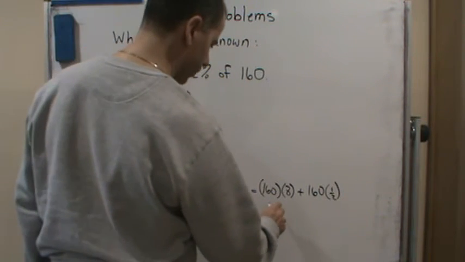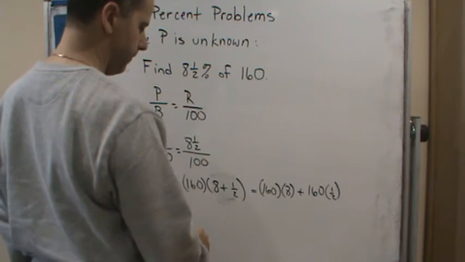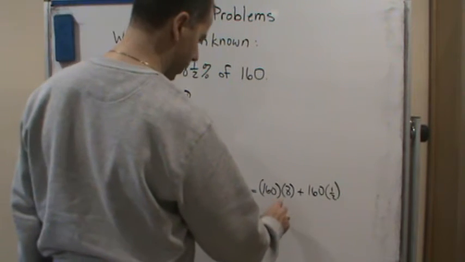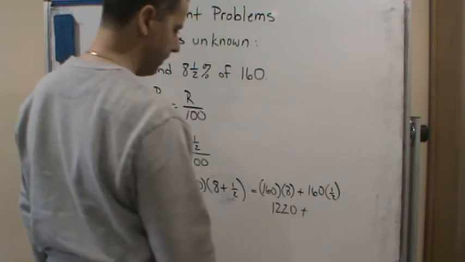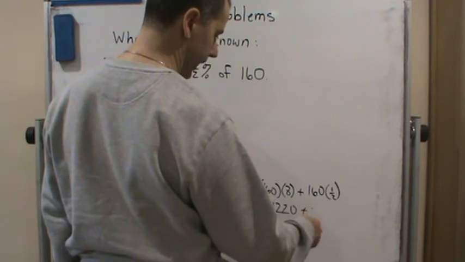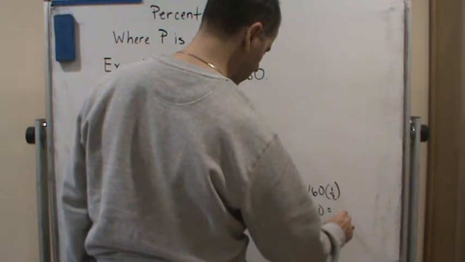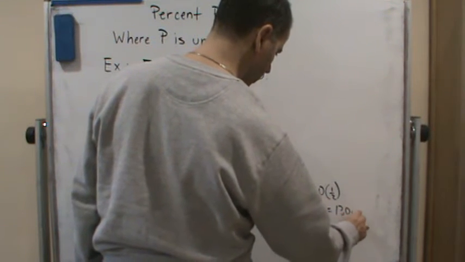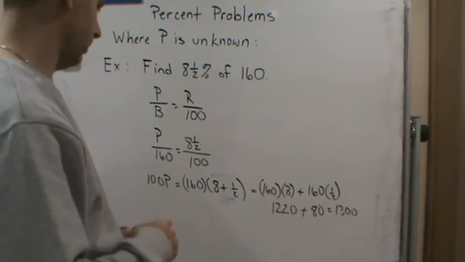times 8 plus 160 times a half. And this equals what? So 800 plus 420, which is 1220. Plus half of 160, which is 80, equals hold on a second, that's not right.